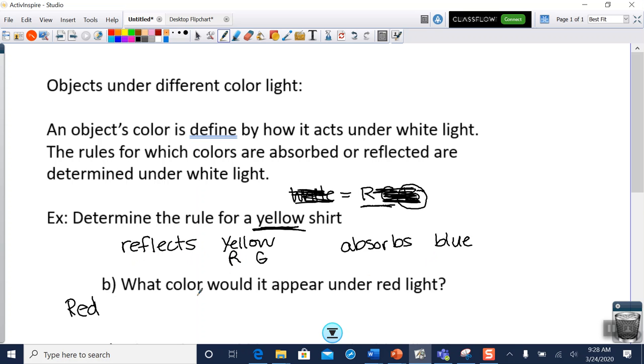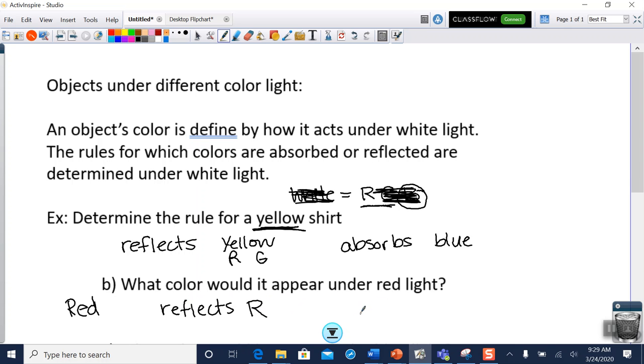Well, it says right here, it reflects red. There isn't any green, because we only have red light in the room, so it's not going to reflect it. There isn't any blue, so it's not going to absorb anything. It's going to reflect the red that is present.